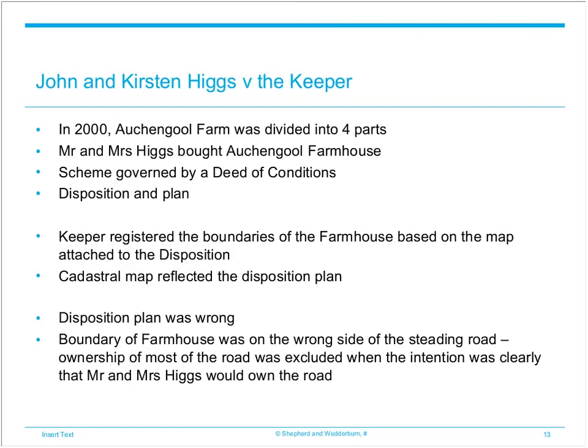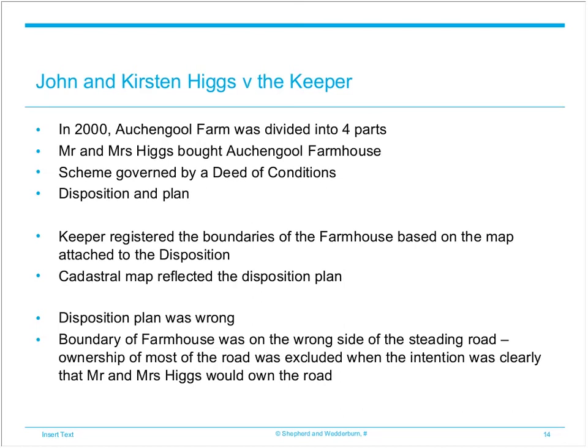And the facts of that case were, in 2000, Auchingill Farm in Kirkcudbright was divided into 4 parts. The farmhouse, the cottages and the farm were all sold, and that triggered first registration on the land register, with the remainder being retained.